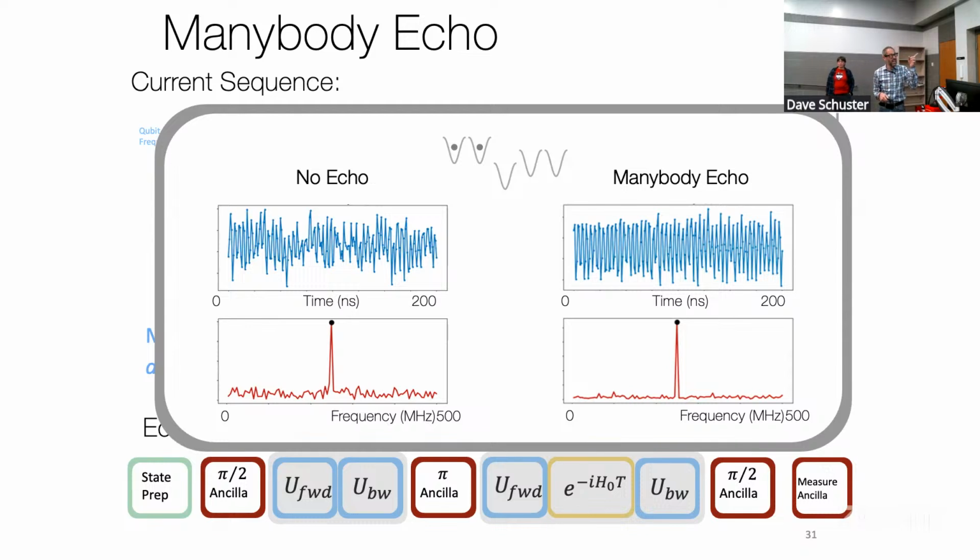It could be other things, like a TLS also. But I think it's actually the fact that there are some frequencies coming from the many-body, and we just don't have enough contrast to observe it in the spectrum, even though they're there.